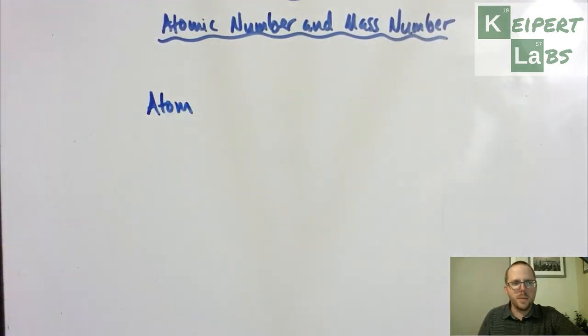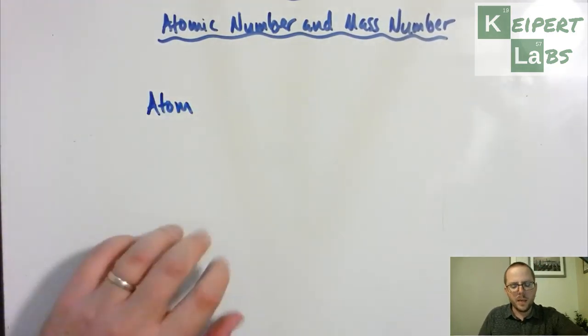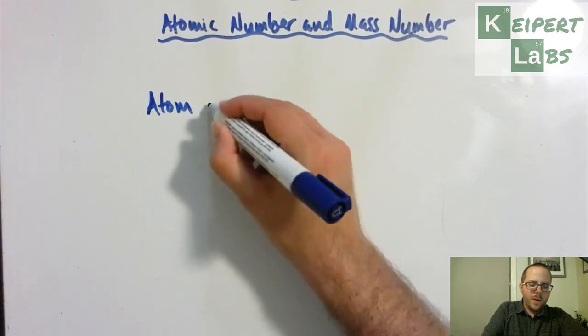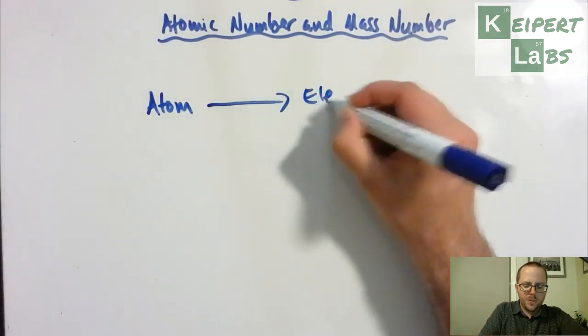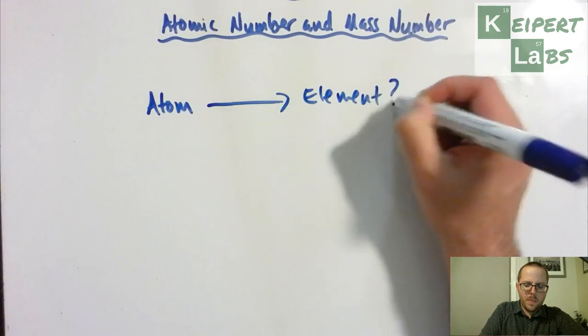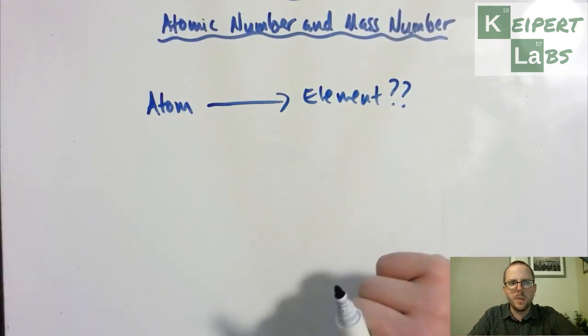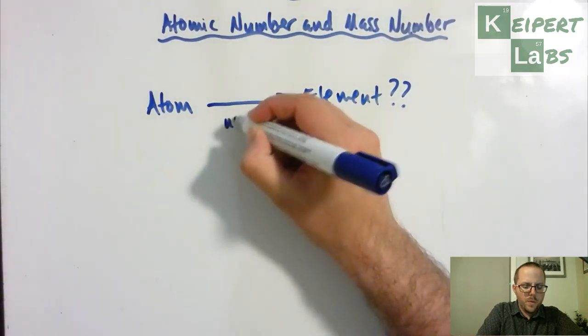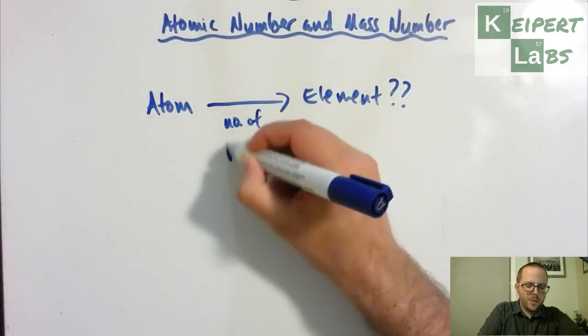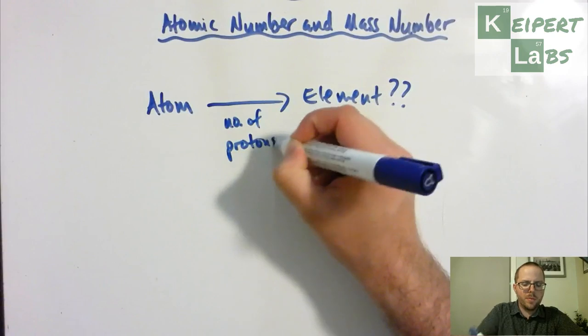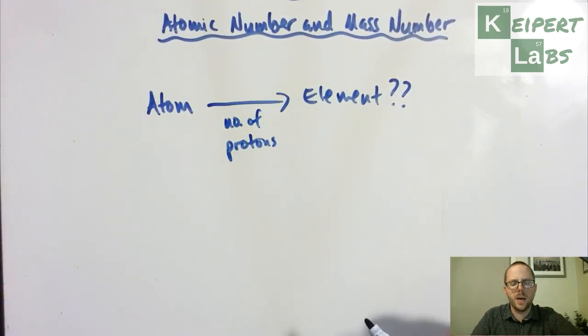Let's say we have a particular atom, a bit like the one that we described, and we want to identify which element it belongs to. Is it a carbon atom? Is it an oxygen atom? Is it a gold atom? Or something else altogether? In order to decide which element it belongs to, the key characteristic that we've talked about is that the number of protons gives us that information.